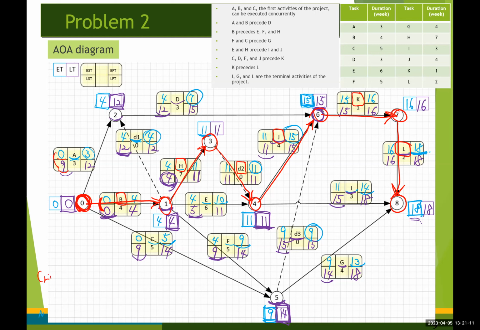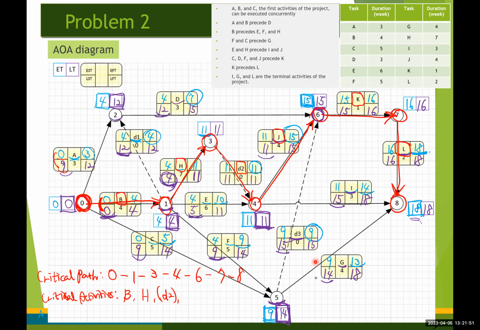So I'm going to write it down here, critical path. It's going to be 0, 1, 3, 4, 6, 7, and 8. The corresponding critical activities are going to be B, H, dummy activity 2. You don't need to include that.